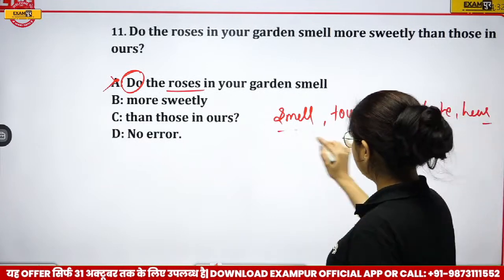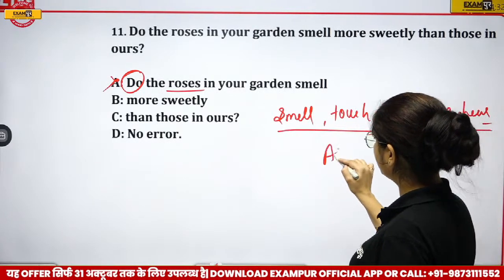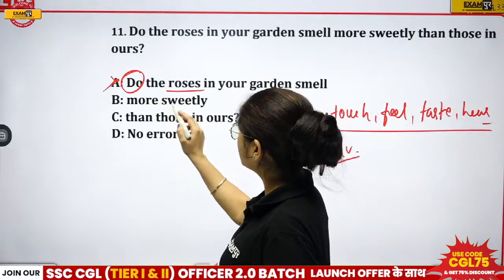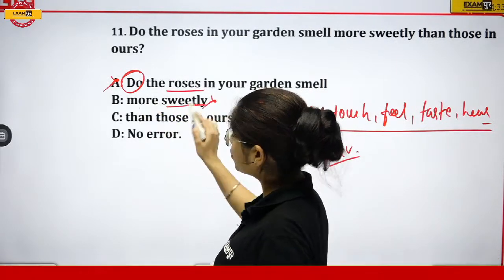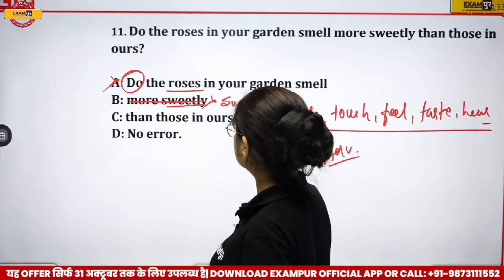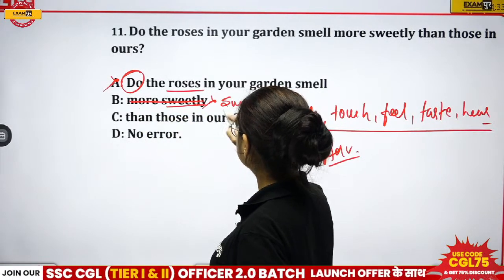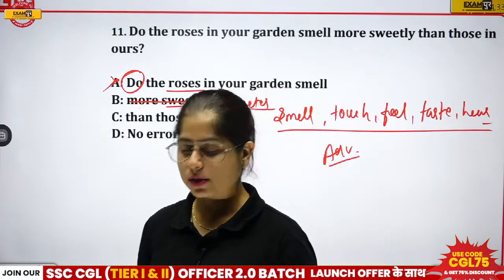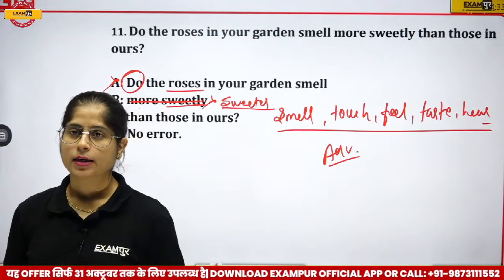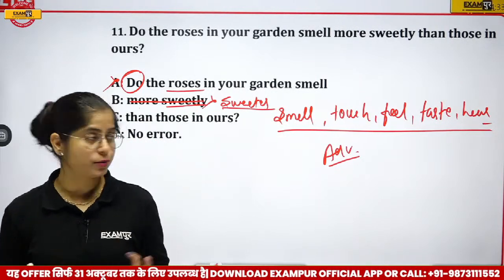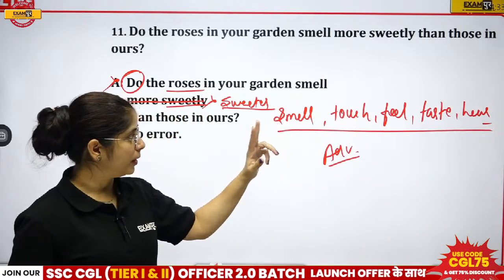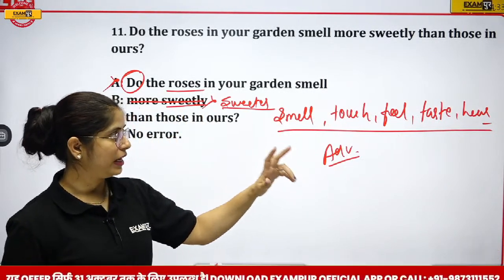With them, we do not use adverbs, the adverbial form of any adjective. So here sweetly is incorrect and more sweetly is incorrect. This should be used as sweeter. We are comparing, no? This should be used as sweeter, not as more sweetly, right? Adverb form is not used with these sensory words, which include smell, taste, touch, feel, and hear.